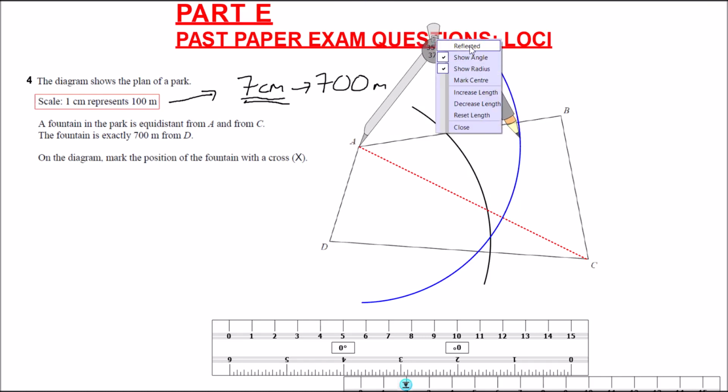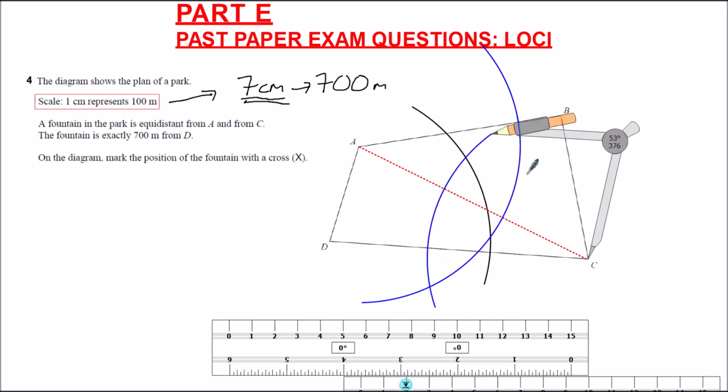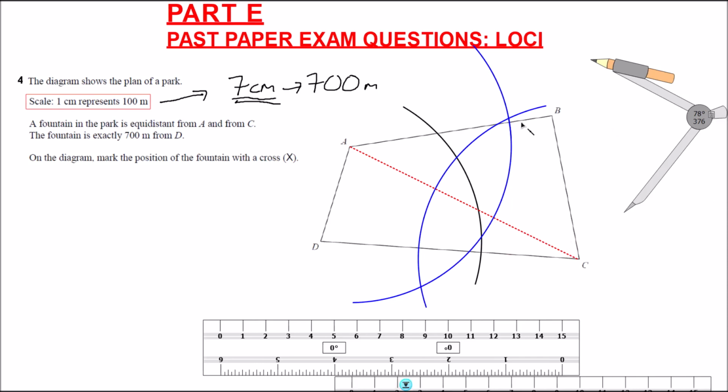Switch the compass to the other side, pop it on top of where C is, and do a curve above and below where we have C. The final step is, with a ruler, to do a straight line through where both of these curves have just crossed over each other. So what we've got here is the perpendicular bisector of the line AC.